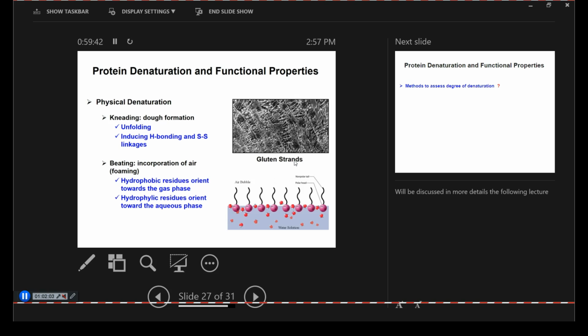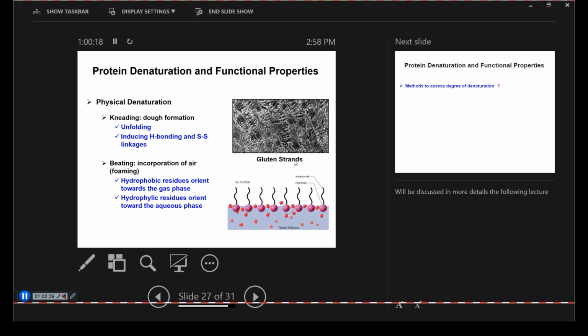Without that kneading process, you are not really generating the gluten network. You're physically bringing them close enough to each other, opening the structure and aligning the proteins in a way that they form beta sheets with each other, instead of just forming beta sheets within each protein. When you're denaturing it and kneading and they come in close proximity, they form beta sheets and also disulfide linkages. And then you're forming that viscoelastic network.